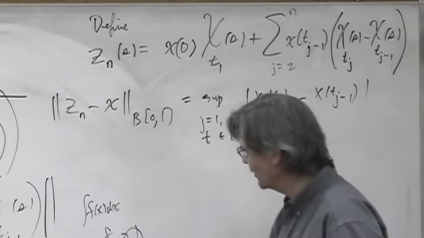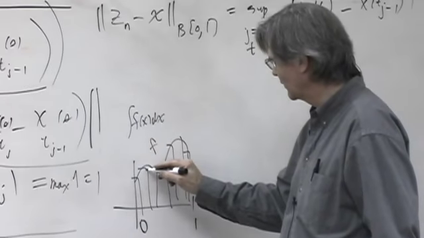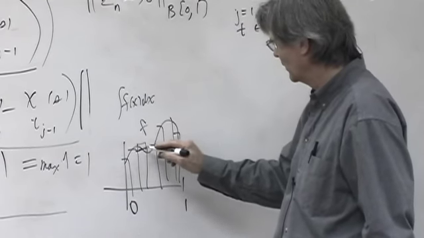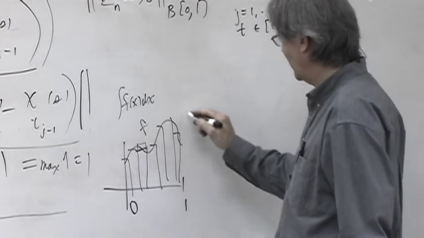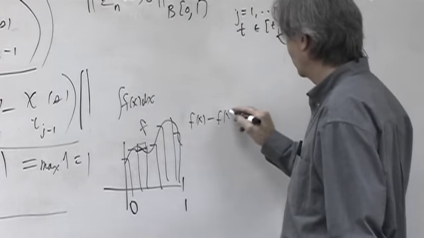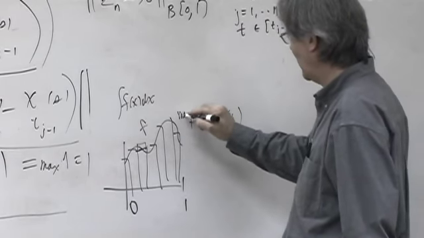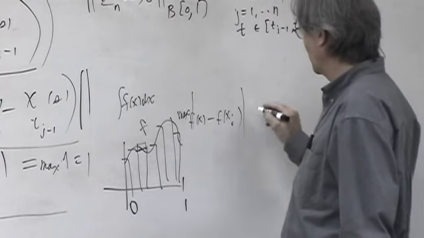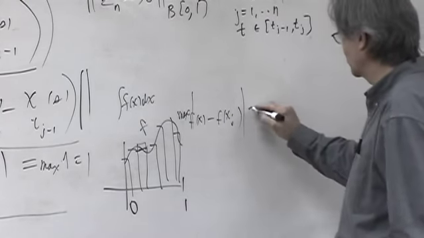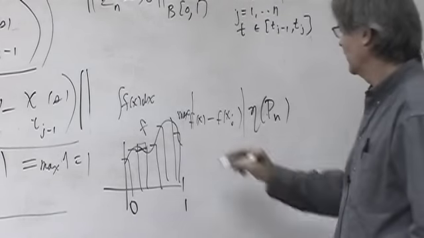But when you actually estimate the Riemann sum, the error in the Riemann sum, what you get is you have to take the maximum of the difference of the function, f of x minus f of xj star or whatever, and take the maximum of that, then multiply by delta x, the maximum of the length of the interval, which is the eta of the partition, on j.